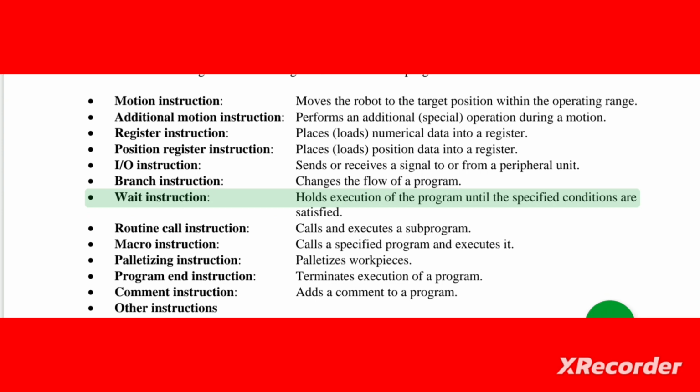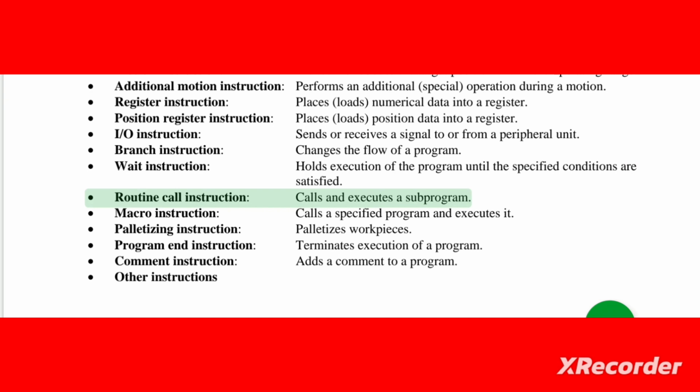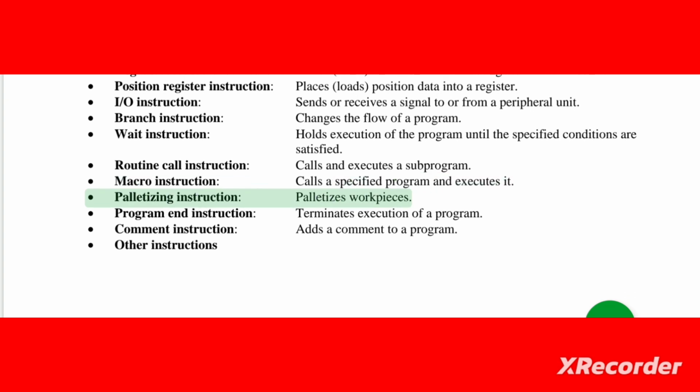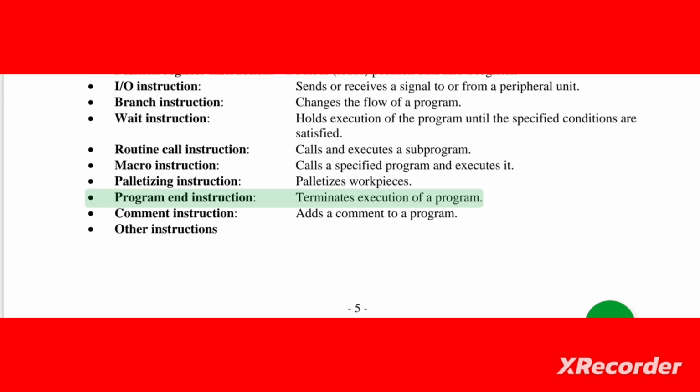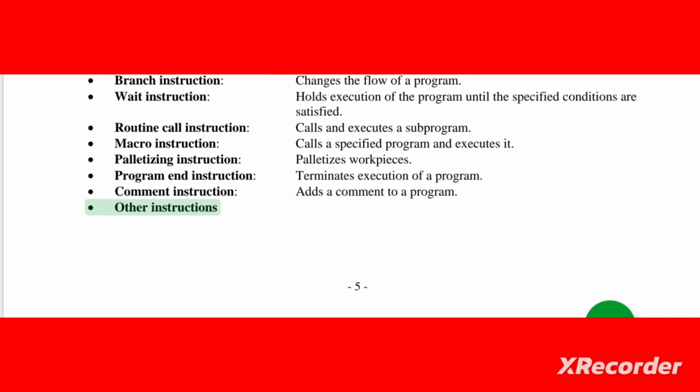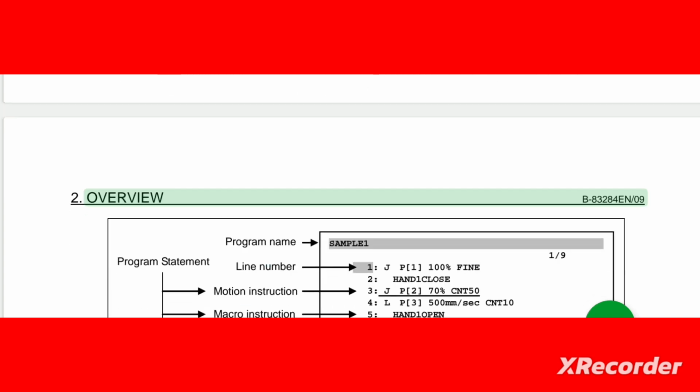Wait instruction holds execution of the program until the specified conditions are satisfied. Routine call instruction calls and executes a subprogram. Macro instruction calls a specified program and executes it. Palletizing instruction palletizes workpieces. Program end instruction terminates execution of a program. Comment instruction adds a comment to a program. Other instructions too.